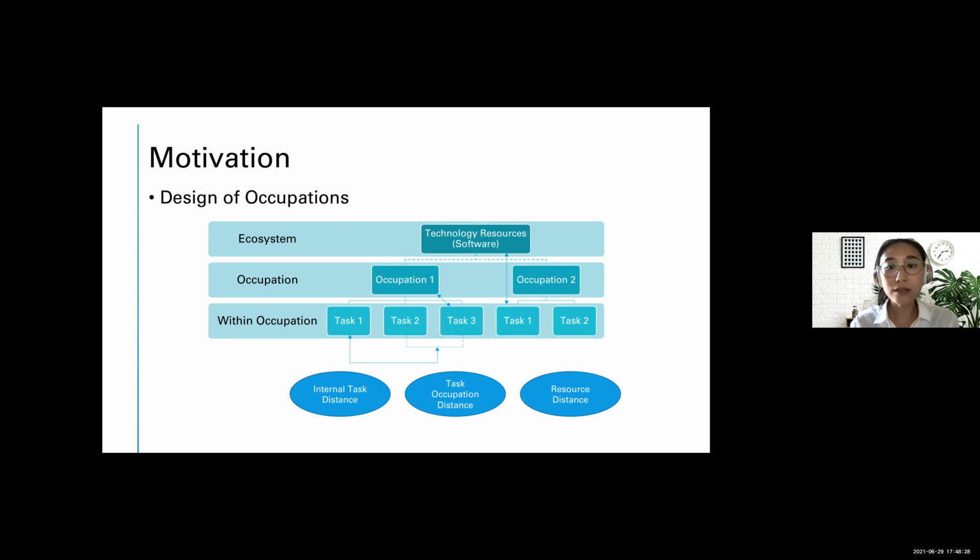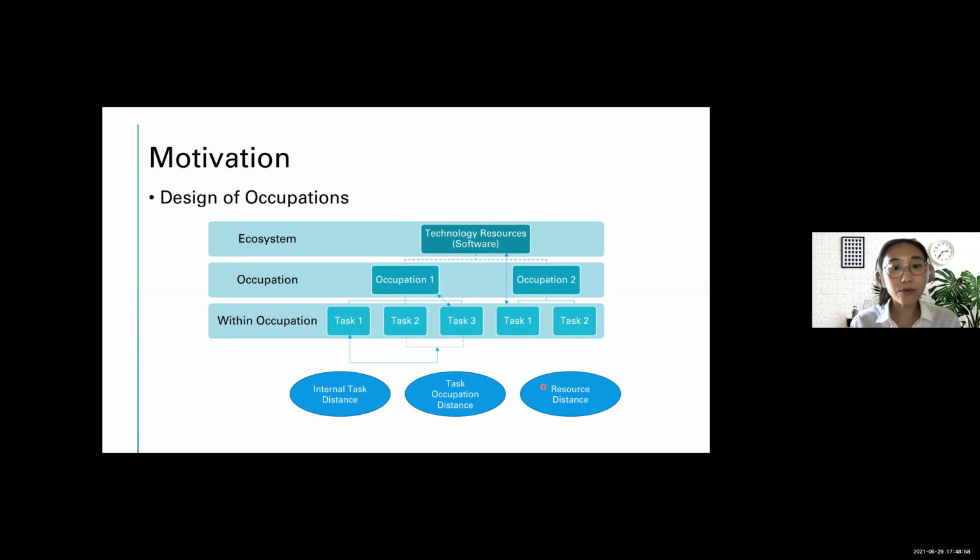So here we see three key measurements that can represent the relationships among these entities. The first one is the internal task distance, which we calculated by using the task and the average distance of that task with the rest of the other tasks within the same occupation. The second one is the task occupation distance, which is the distance between a task and the occupation it belongs to.